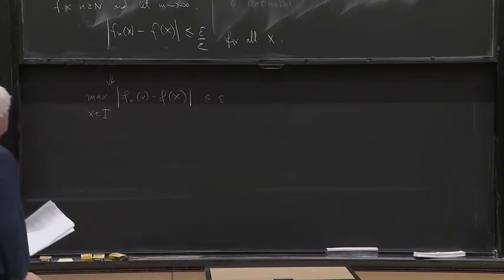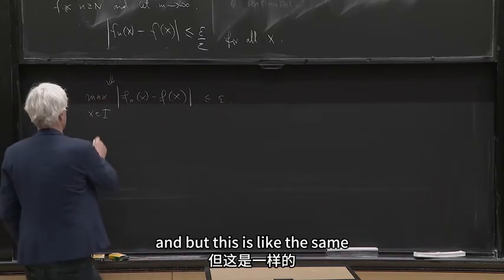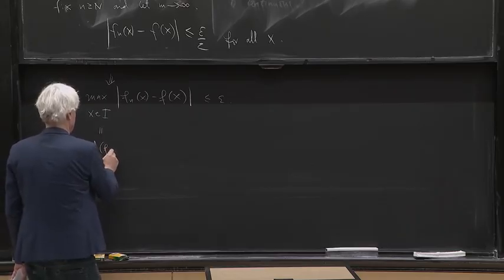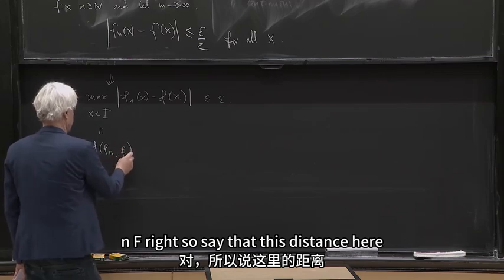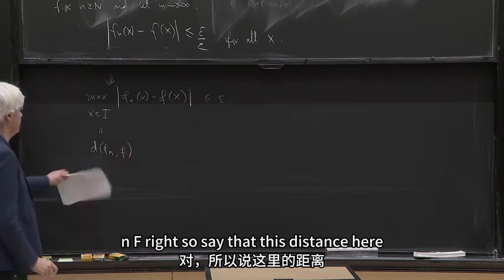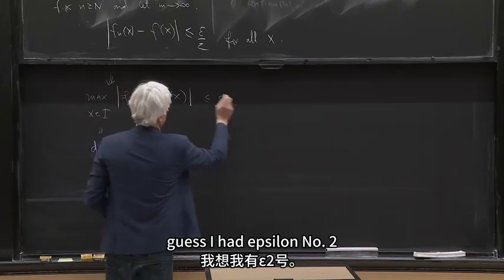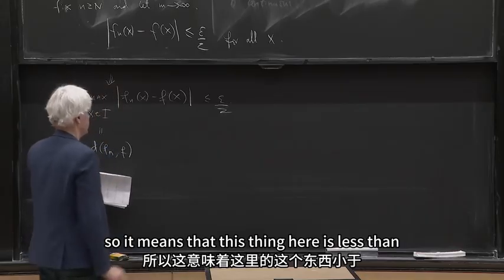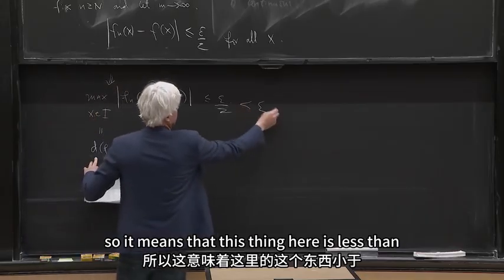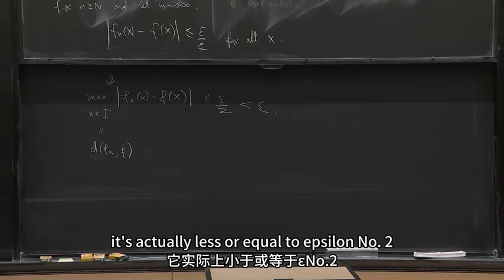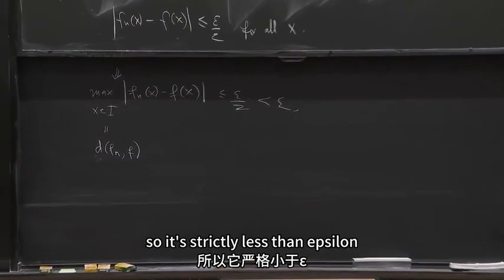This is the distance between Fn and f. So say that this distance is less than, I guess, epsilon over 2. It means that this is strictly less than epsilon. It's actually less than or equal to epsilon over 2, so it's strictly less than epsilon.